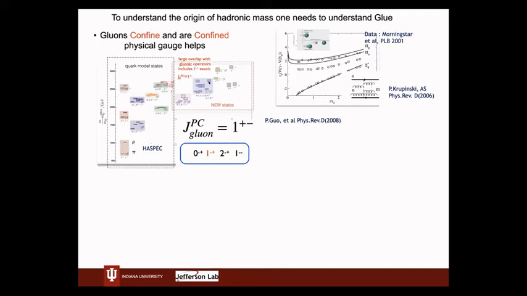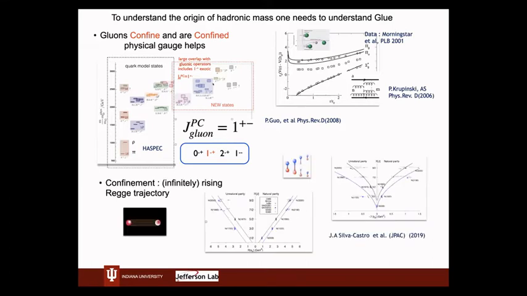In this calculation, you see these other multiplets of states with large overlap with gluonic operators. The ordering of states in these multiplets can be explained in terms of quasi-gluons with very particular quantum numbers, 1+-, that gives, in particular in the lowest orbital excitation, S waves, these lowest four states, including the exotic 1-+ quantum numbers.